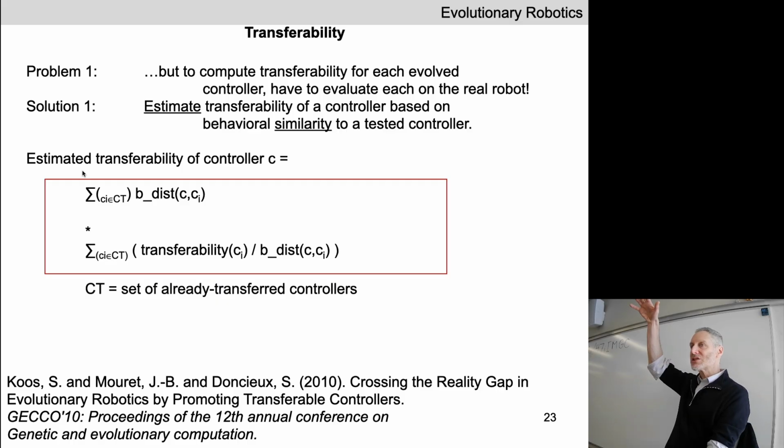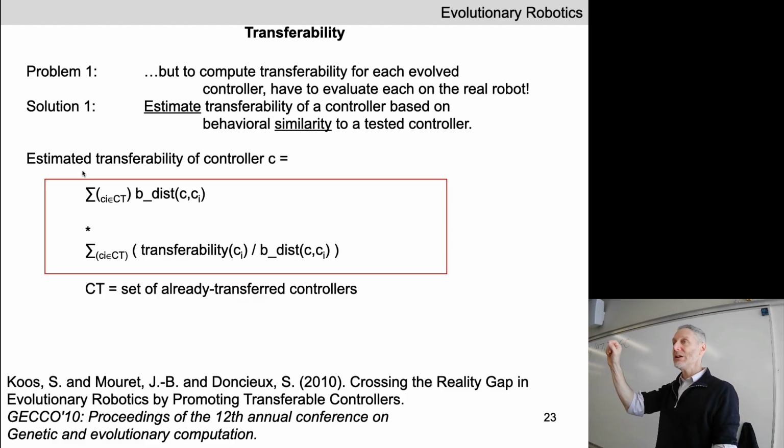We have our population of controllers, and from time to time, we send a controller to reality. We get our behavioral features back, and we know the real transferability of that controller. For the rest of the controllers that we haven't sent to reality yet, we have to try and estimate their transferability. And we're going to estimate it by looking at how close that controller is to the other controllers that have been sent to reality.